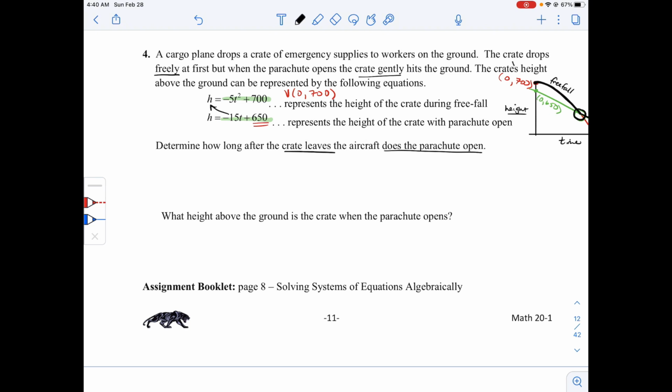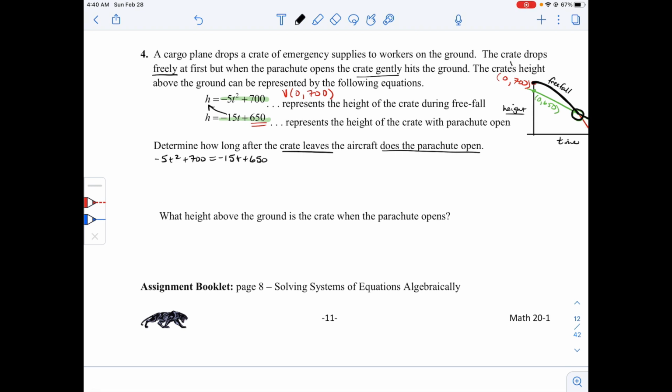Substituting, we get negative 5t squared plus 700 is equal to negative 15t plus 650. When we isolate everything to one side, we get negative 5t squared plus 15t plus 50 is equal to 0.